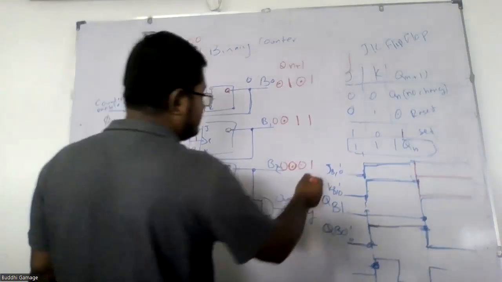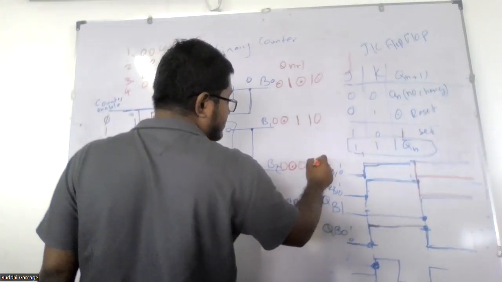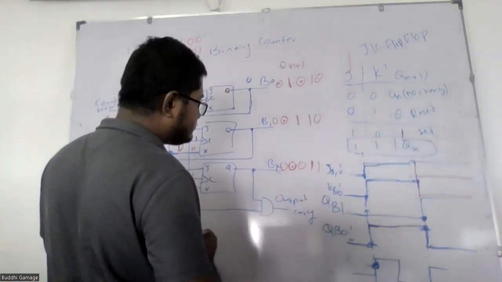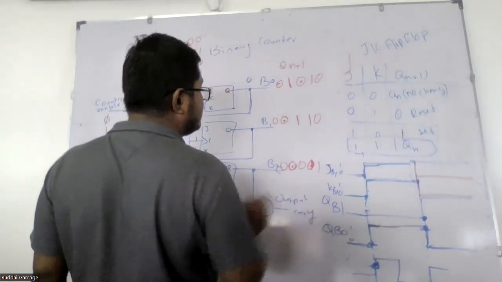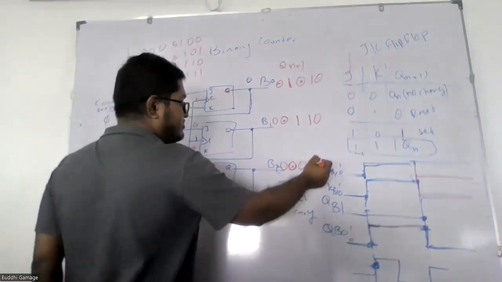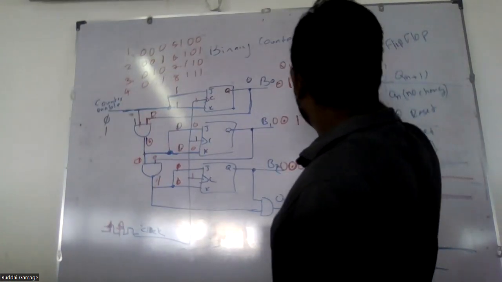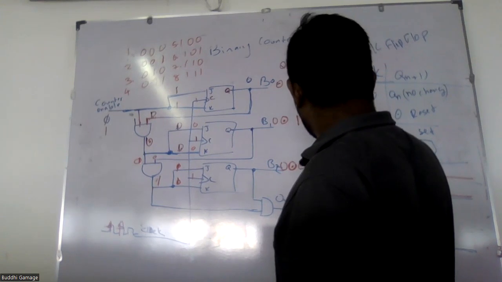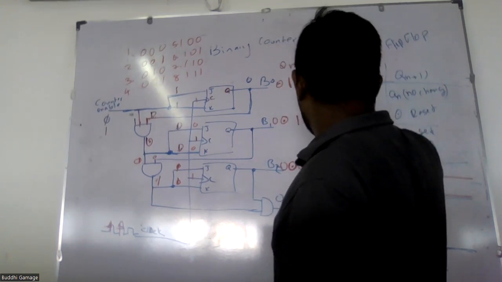So likewise, again this is going to change. So you're going to stay. Now here also it will be 0. And now it's going to change. So you can go through this: the value will change to 1, 0, and 1. Next, what will happen is it will be 0.